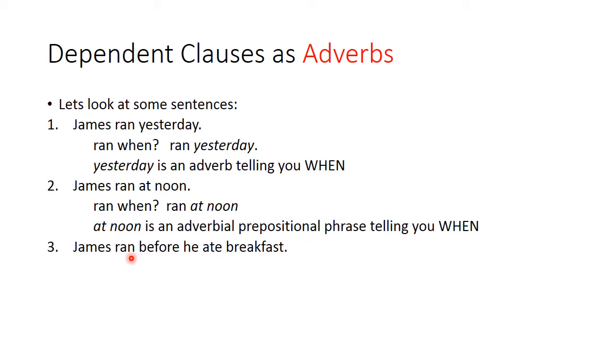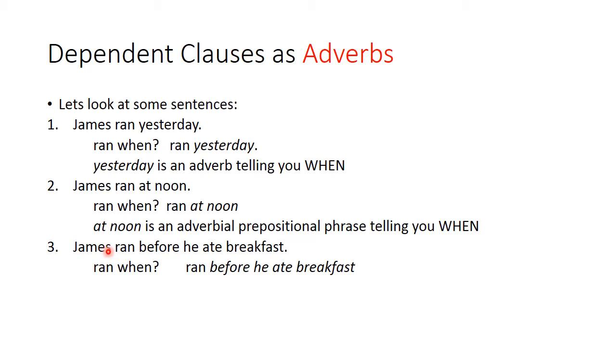Here is James ran before he ate breakfast. Before he ate breakfast is telling you when, right? Ran when? He ran before he ate breakfast. But this is a dependent clause because it has a subject, he, and a verb, ate. But if you just say before he ate breakfast, it wouldn't make sense by itself.